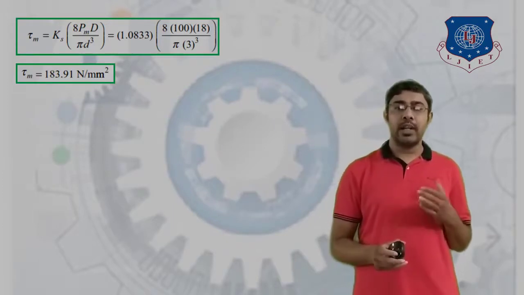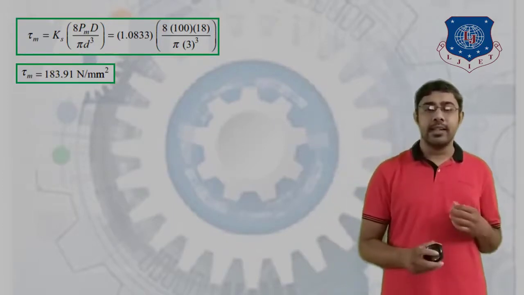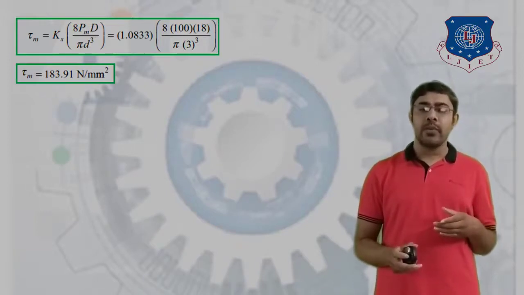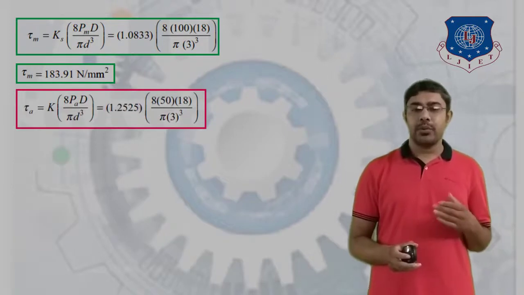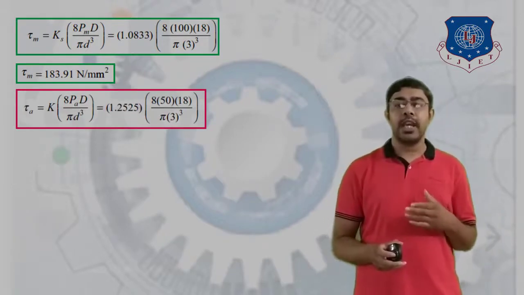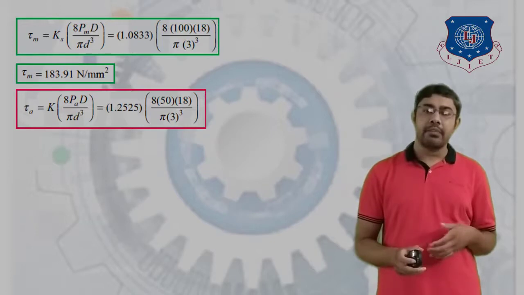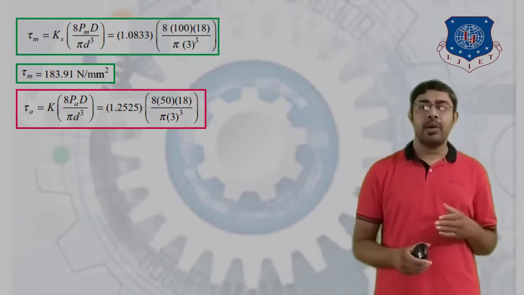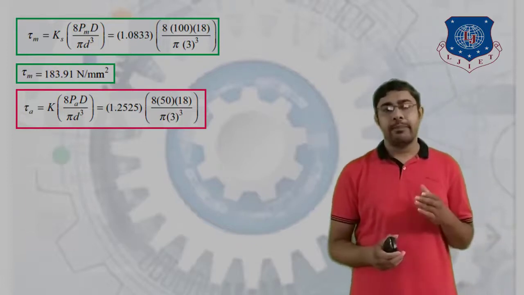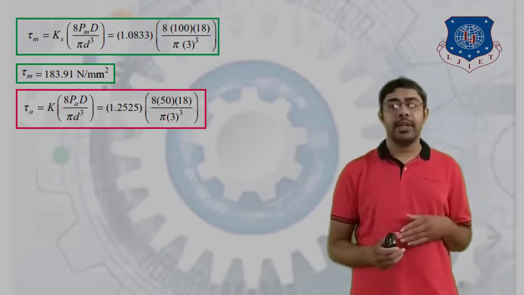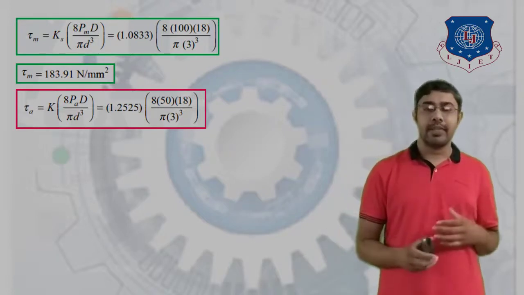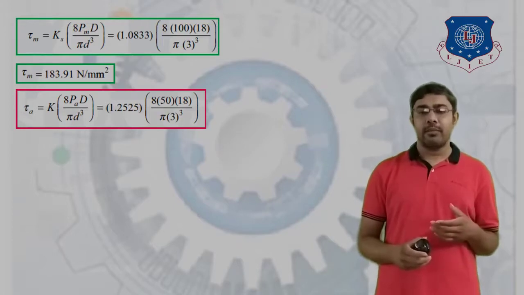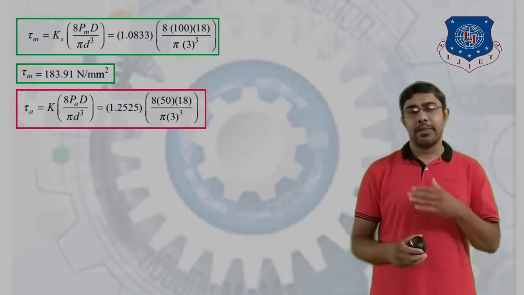Now we have to calculate the amplitude shear stress, and for the amplitude shear stress the factor K is used. So tau A is equal to K into 8 Pa into capital D divided by pi d cube. Here we have to place the value of K as 1.2525 and Pa as 15 Newton, which was calculated in the previous slide, and capital D and small d are given in our problem, that is 18 mm and 3 mm respectively.